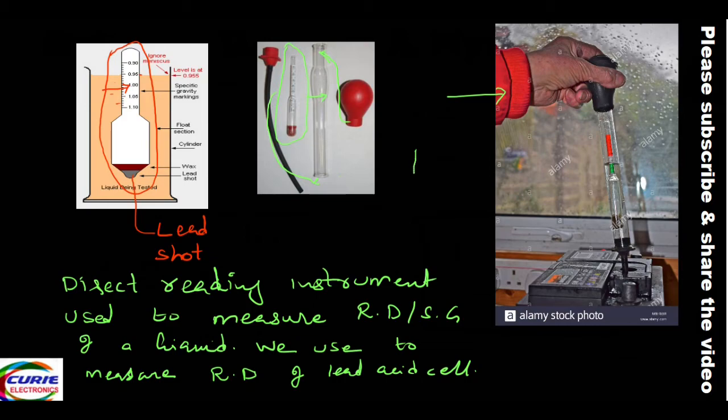Inside that glass tube the hydrometer is floating, and it is marked from 1.1 to 1.3. Whatever reading we are getting, this will come to the liquid level. That is the reading we have to note down. This is how we use a hydrometer.